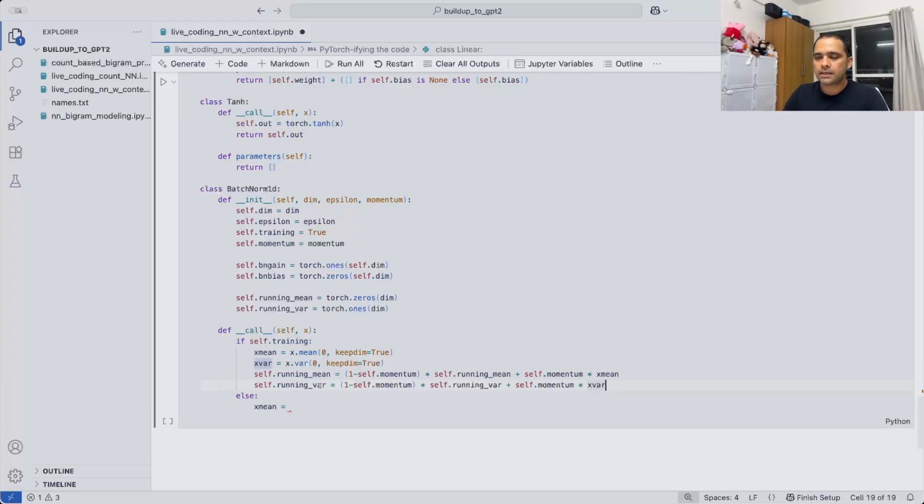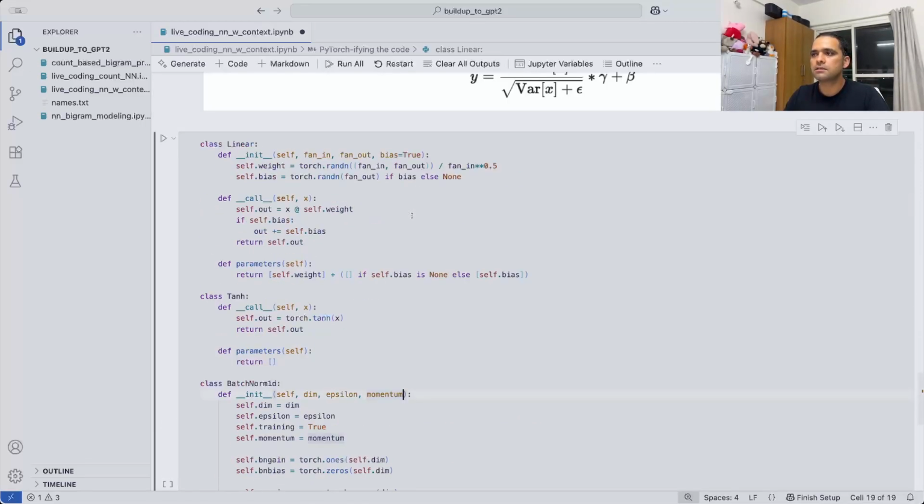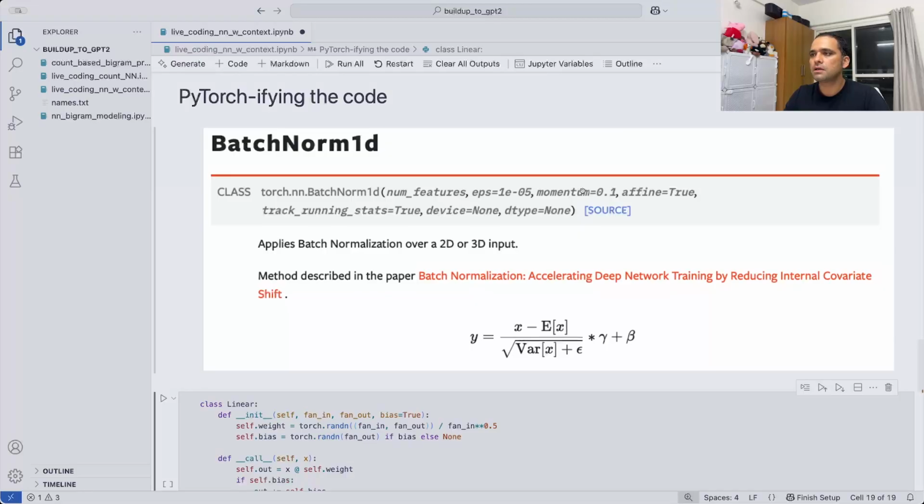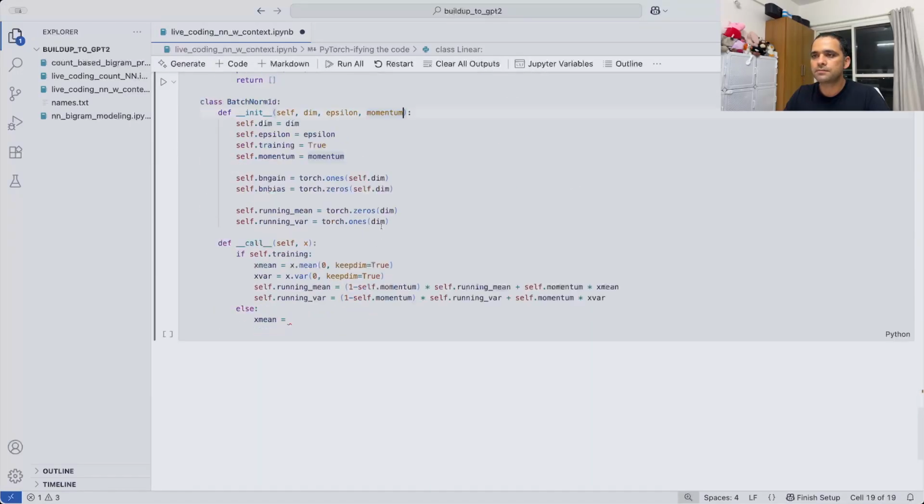While training, we'll keep calculating our running means, with the majority portion coming from the previous running value. In PyTorch modules we see that momentum is initialized to 0.1 and epsilon is 1e-5, so let's do the same here.